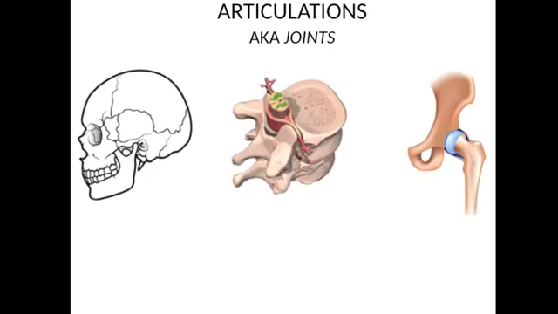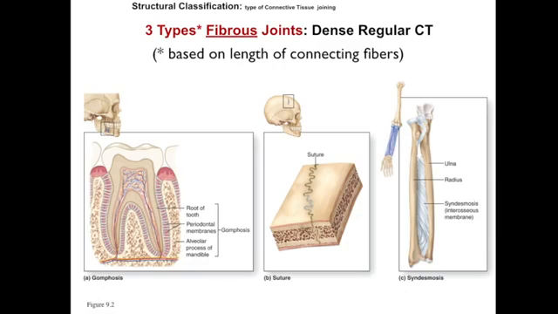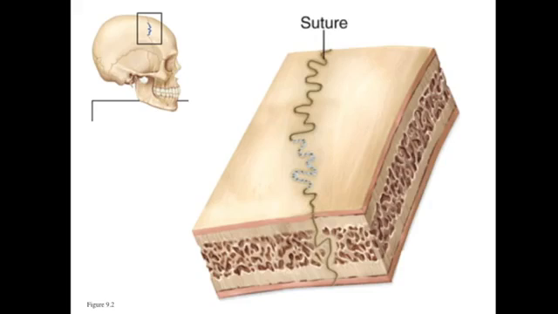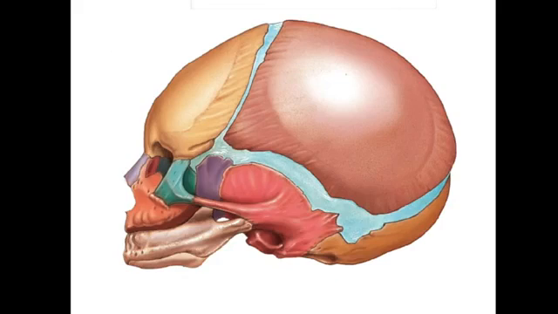So right here we're going to talk about these sutures, which is one of the 3 structural joints falling under the category of fibrous joints. In these sutures, the edges of the joining bones are wavy and interlocking and connected by short interconnecting collagen fibers. These knit the bones together and also allow growth so that the skull can expand with the brain during childhood.